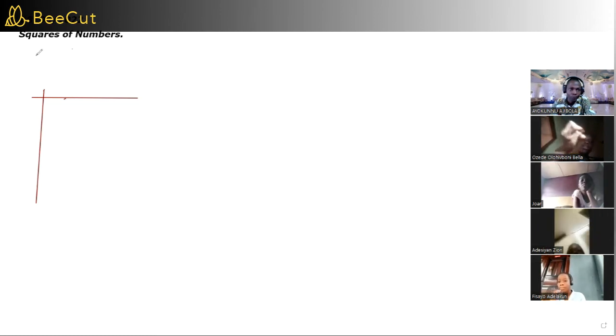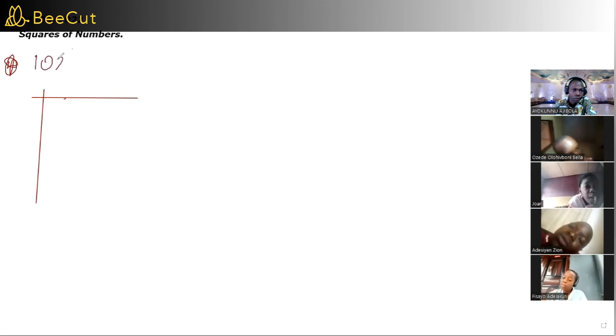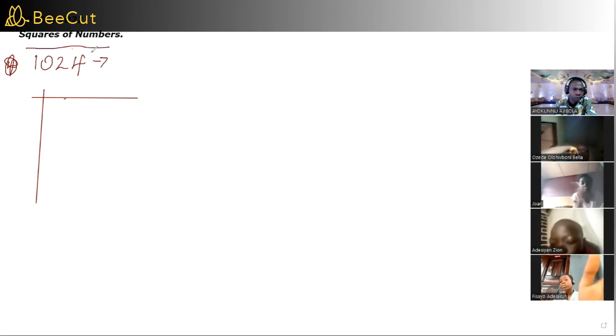So, 1024, the square root is 32. So that's number 4 there. Square root of 1024. That's what we want to find. So put it into the square root.